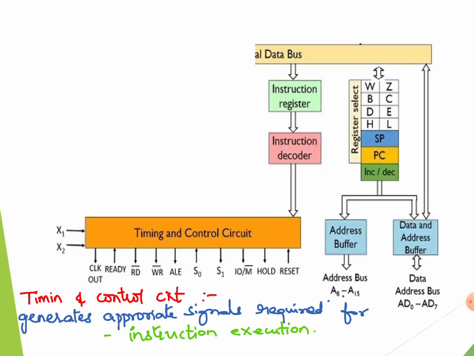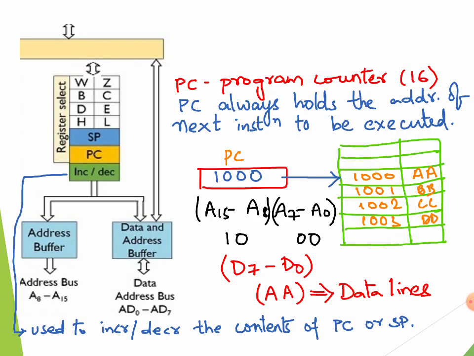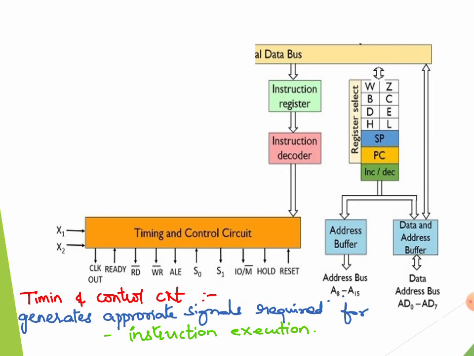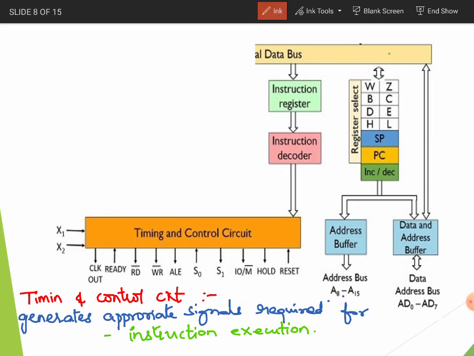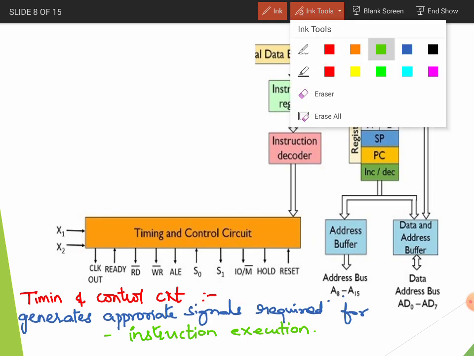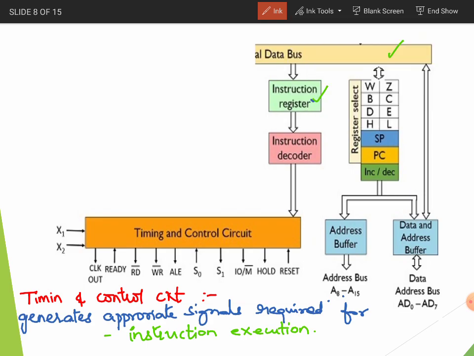So now what happened? We got the data and we kept it on the internal bus. Once it is there on the internal bus, we have picked up the instruction from the 1000 location. So first the instruction will be placed in the instruction register.